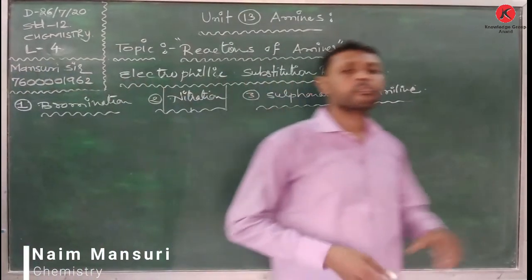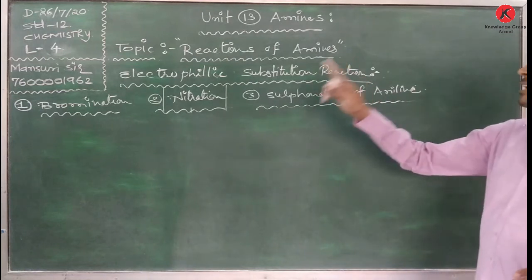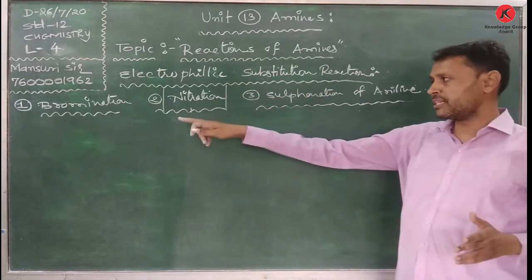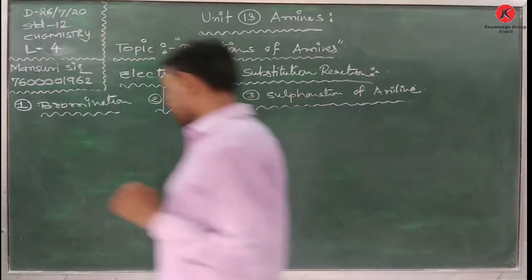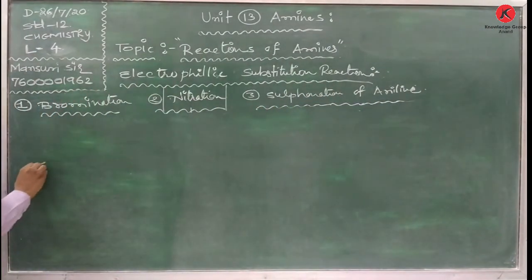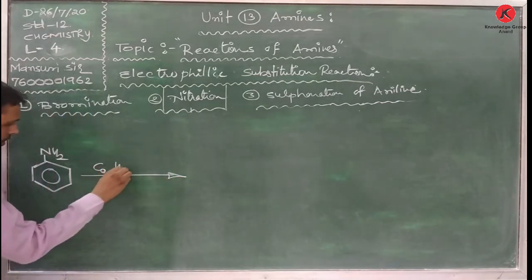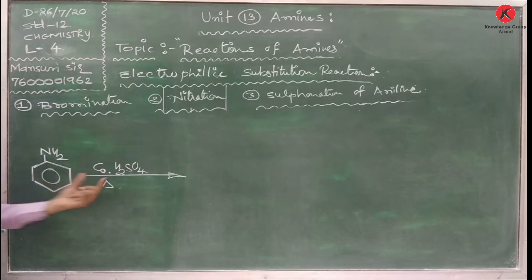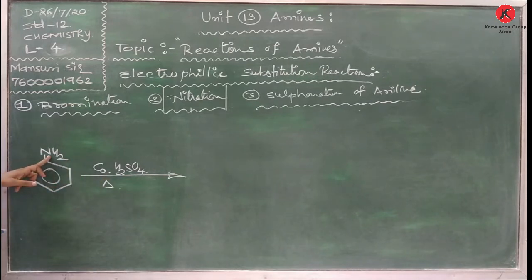Students, now we are going for sulfonation of aniline. Here we are taking the electrophilic substitution reactions of aniline. First one was bromination, second one was nitration, third one is sulfonation. Here first of all aniline reacts with concentrated H2SO4, then this sulfuric acid is added toward this NH2 group, right?